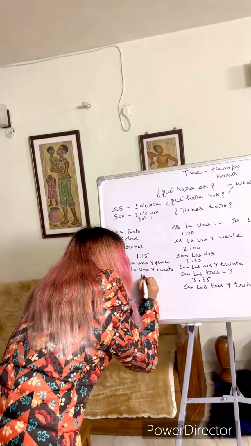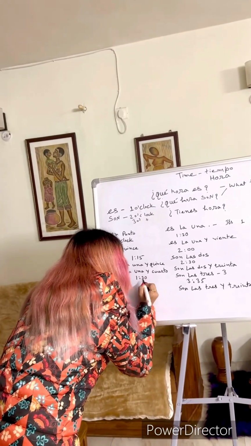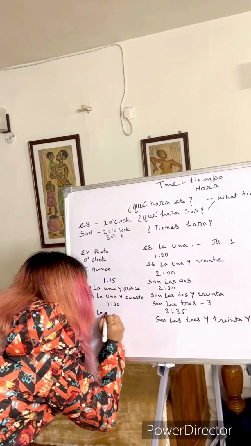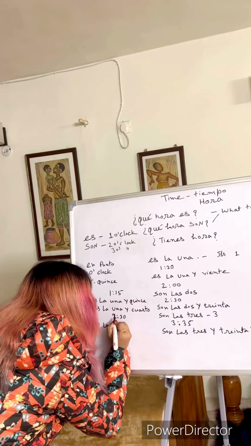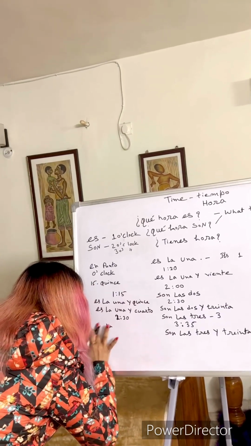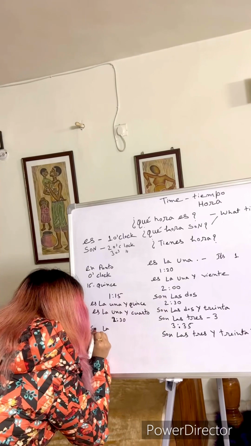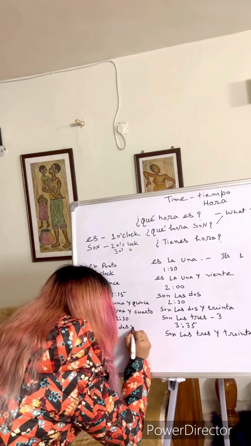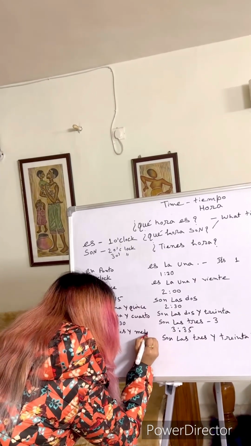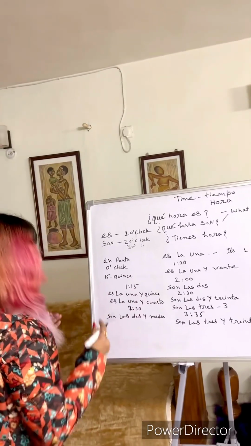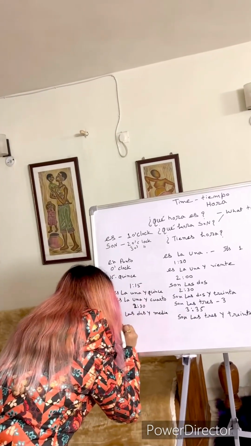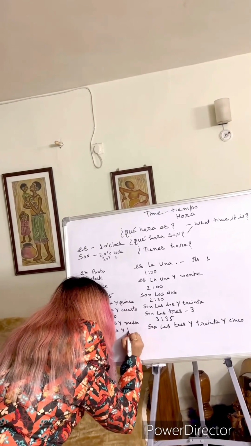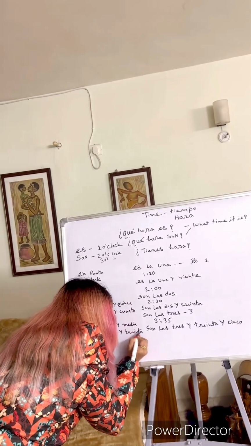And suppose 1:30. For 30, the word is media. So es la una y media. Let's change it to 2:30: son las dos y media. Or you can say son las dos y treinta.